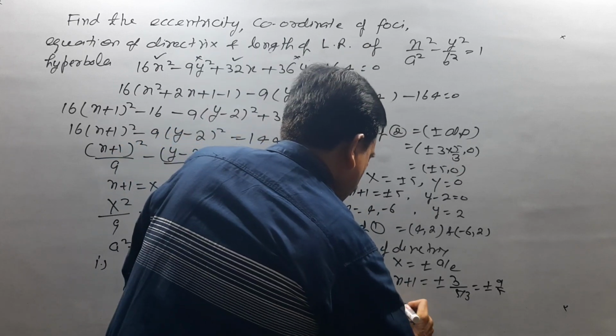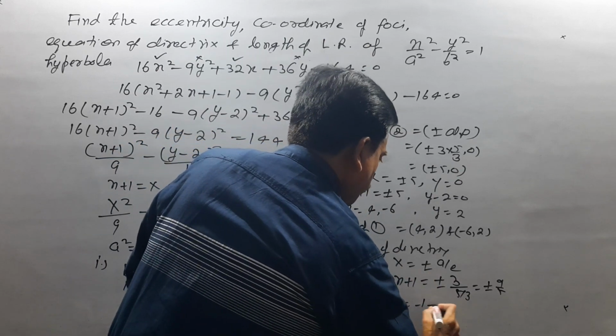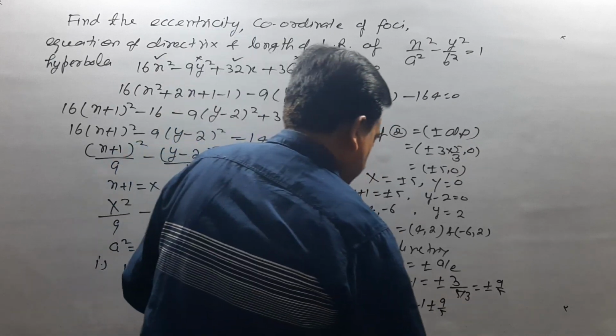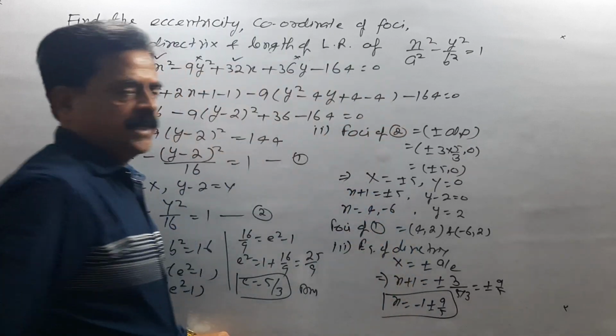And small x is equal to minus 1 plus minus 9 upon 5. These are the equations of directrix.